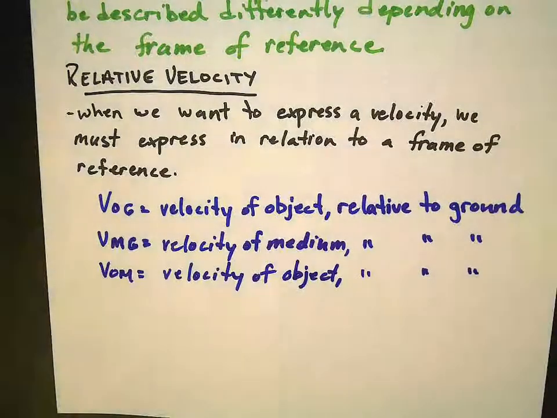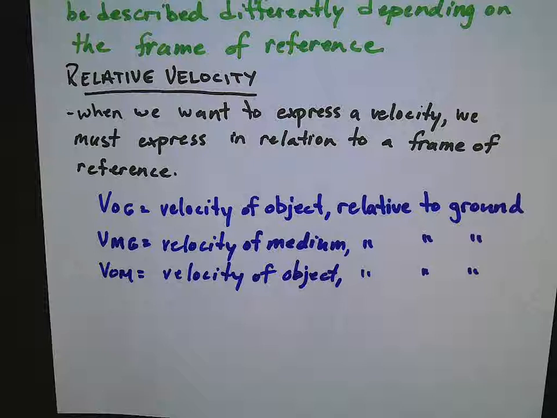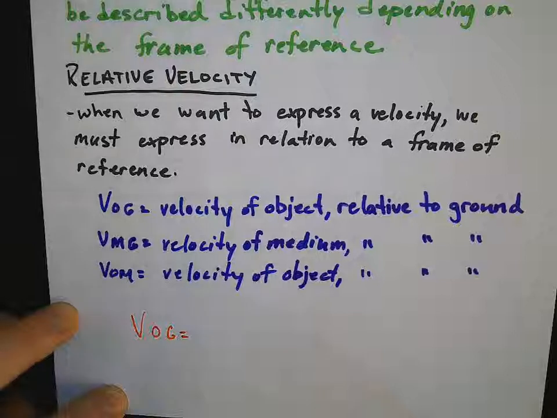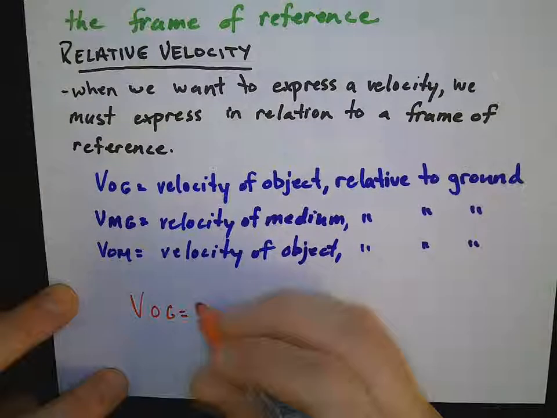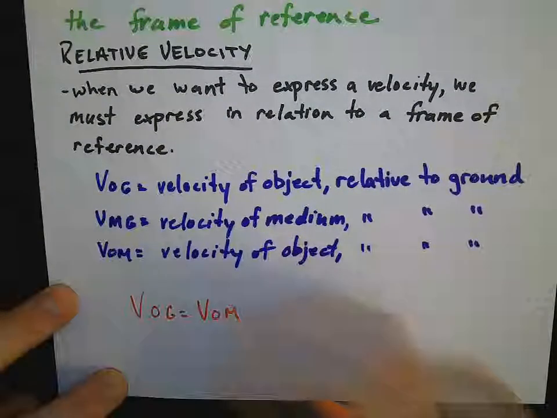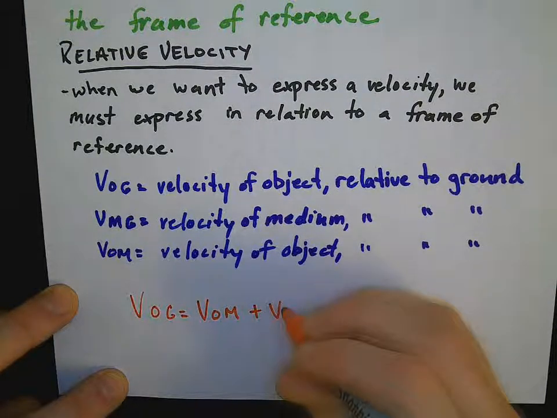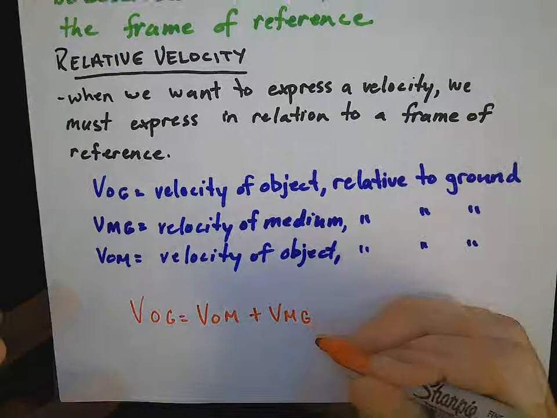And if we're looking to actually calculate the velocities, we would get the following equation that relates these velocities. Our velocity of the object in relation to the ground is equal to the velocity of our object relative to the medium plus the velocity of the medium relative to the ground.